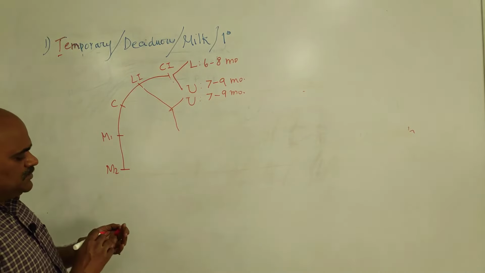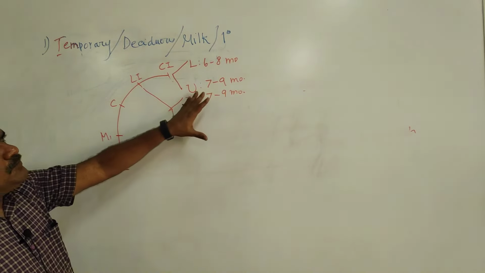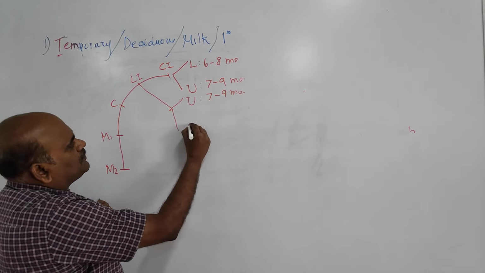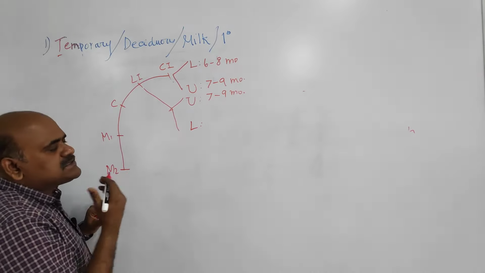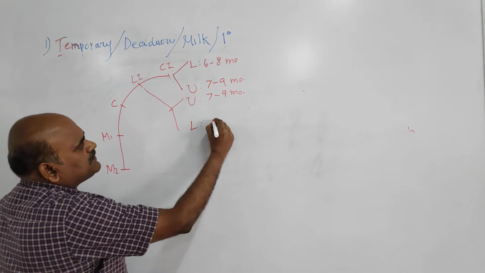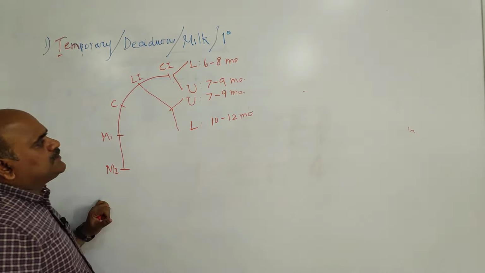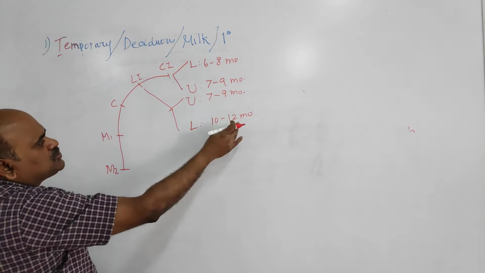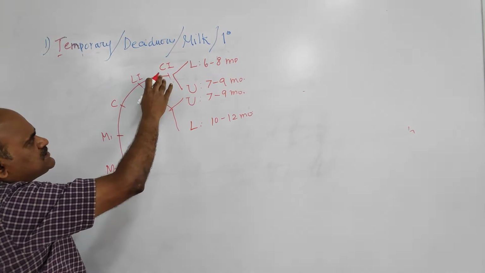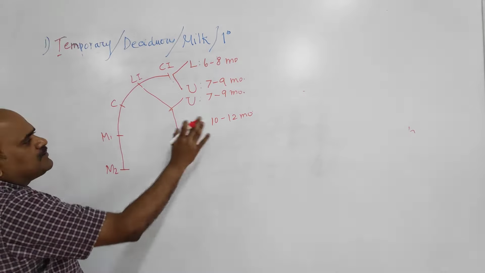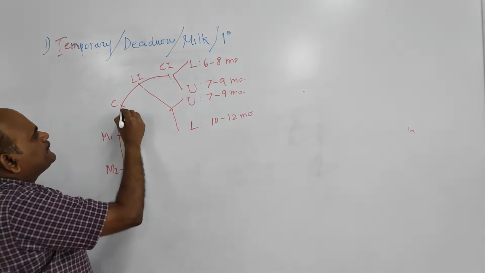So in the upper jaw, both the central and lateral incisors will be there. Lastly, the lower lateral incisors erupt, between 10 to 12 months. So from 6 months to 12 months, all the incisors, both central and lateral, totally 8 incisors, will be completed by 1 year.